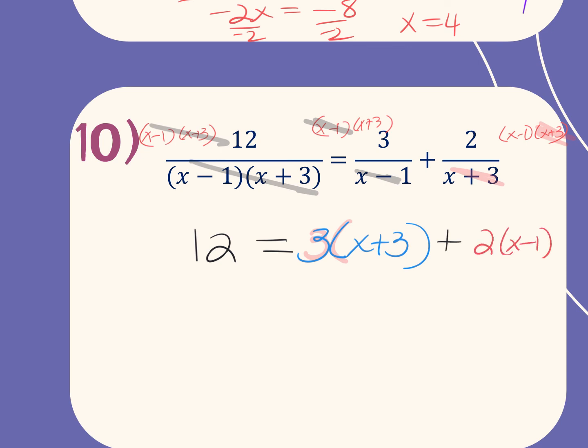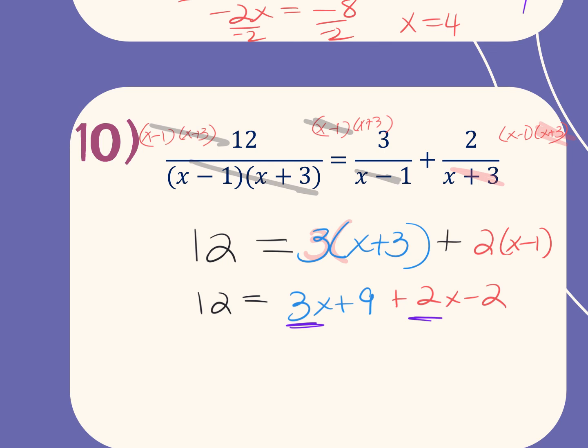Now, if you'd rather just write it one time, I find it easier so you can get yourself the visual to see what cancels. So let me go ahead and distribute. So I have to distribute the blue, 3x plus 9, and then the red, 2x minus 2. Then the 12 equals comes down. I'm going to combine my like terms.